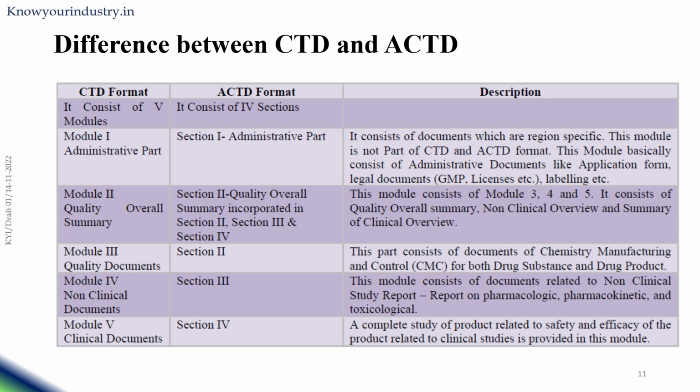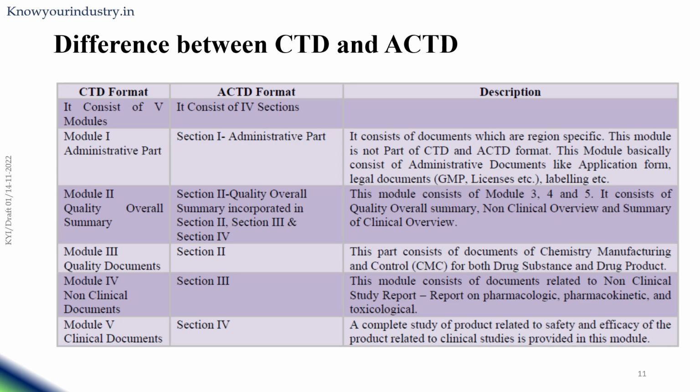Let's see the difference between the CTD and ACTD format. First column is for ICH-CTD format, second is for ACTD format. ICH-CTD consists of 5 modules, and ACTD has 4 sections or parts. In ICH-CTD format, module 1 is for the administrative part.